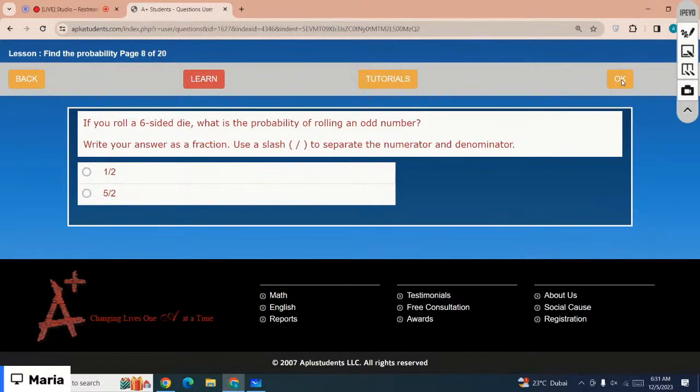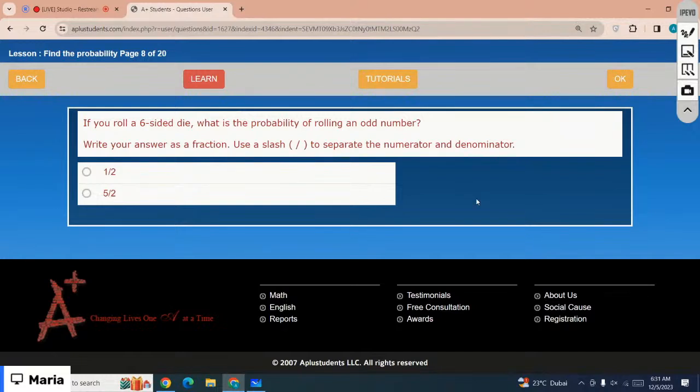When you roll a die, you have total six options, right? From 1, 2, 3, 4, 5, and 6. And three of the numbers are even and three of the numbers are odd, right? So odd would be 3 out of 6, and yes, 3 out of 6 equals 1 over 2. The correct option is 1 over 2, right?